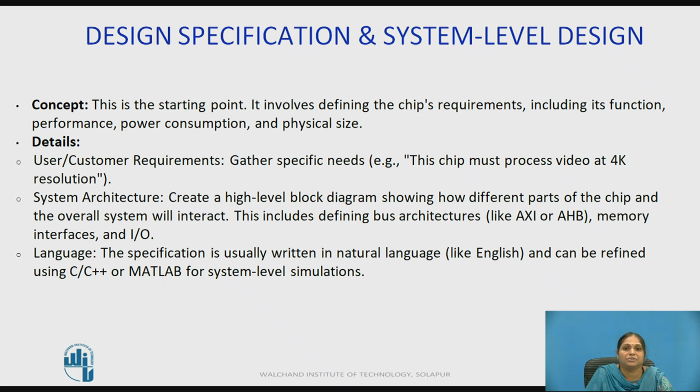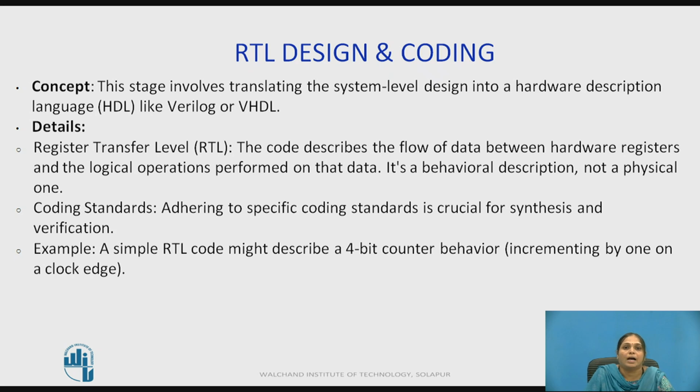This includes defining bus architectures, memory, interfaces, and inputs and outputs. It uses a common language like natural English and can be refined using C, C++ or MATLAB for system level simulations.